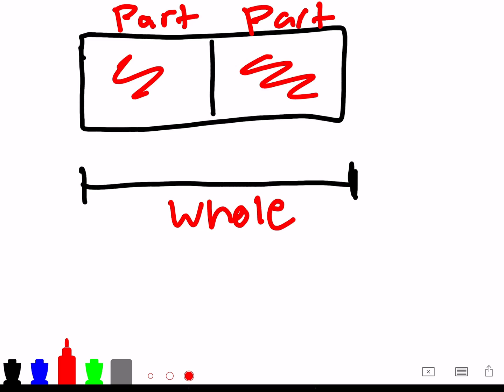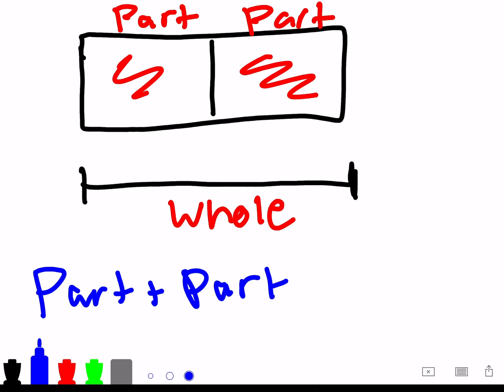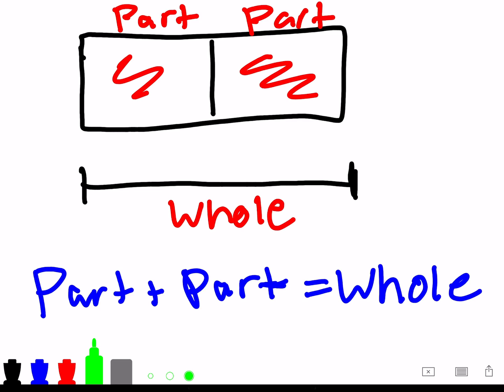And what this basically means is part plus part equals the whole. So the whole is the biggest number out of the 3. So for example, if you write 6 minus 2 equals what exactly?